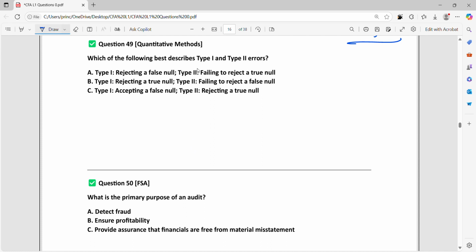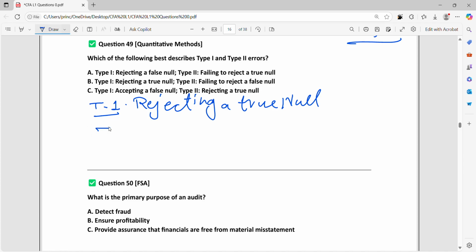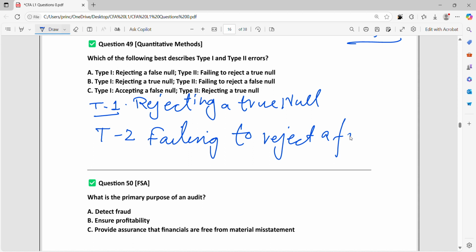Which of the following best describes type 1 and type 2 error? So basically type 1 error is rejecting a true null, and type 2 is failing to reject a false null. So let's break it down.